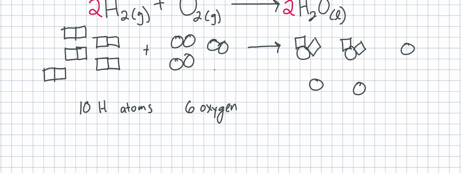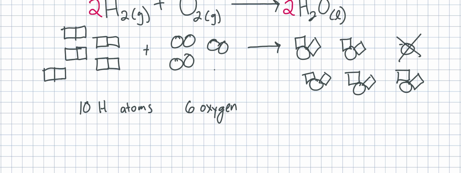So I'm just going to go ahead and draw this. But the question is, am I going to have enough hydrogen for that? For my hydrogen, I've used 4, 5, 6, 7, 8, 9, 10, and so I don't have enough hydrogen to make this last water, even though I have more oxygen.